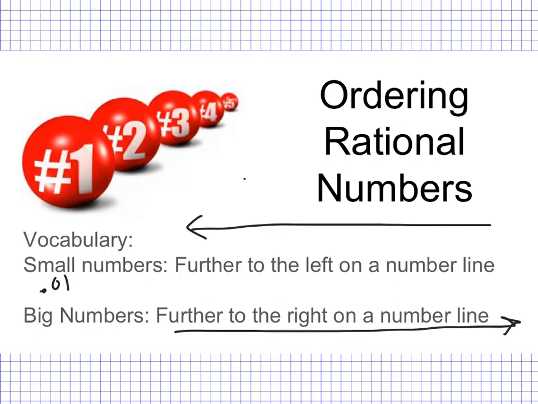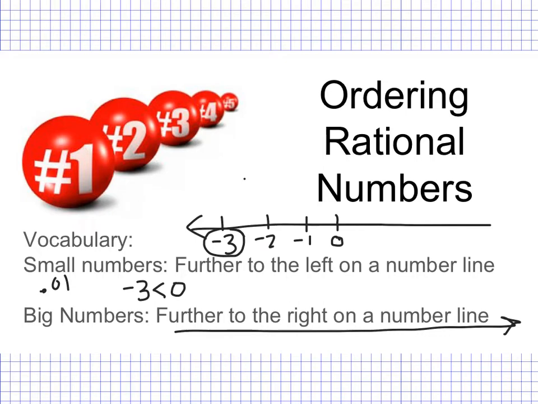But now that we have negative numbers, does that change? Well, no. If we have 0 here, and then I have -1, -2, -3, that means that -3 is smaller than -2. It also means that -3 is smaller than 0. -3 is less than 0.